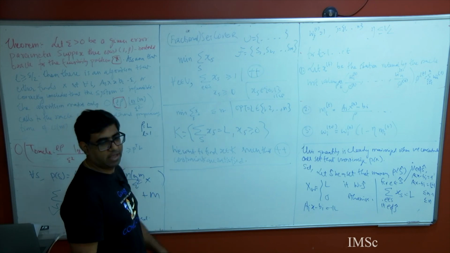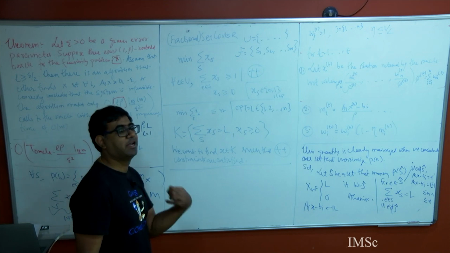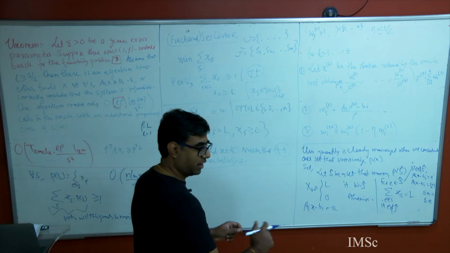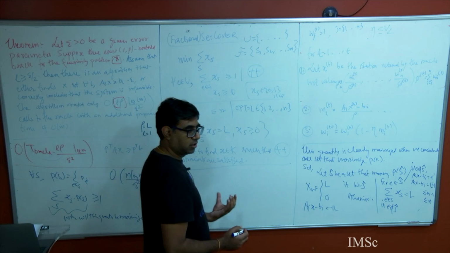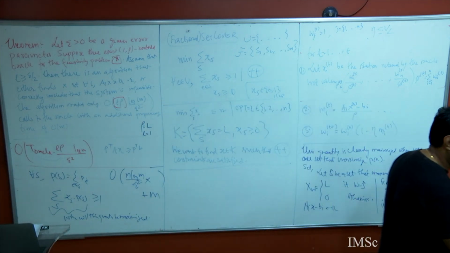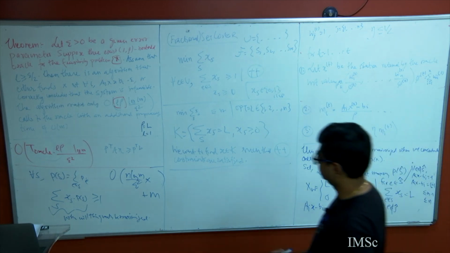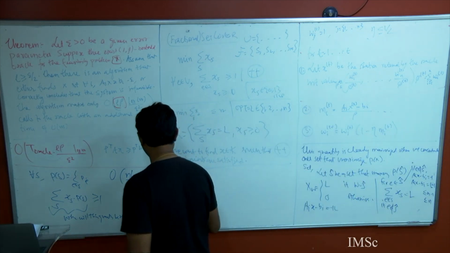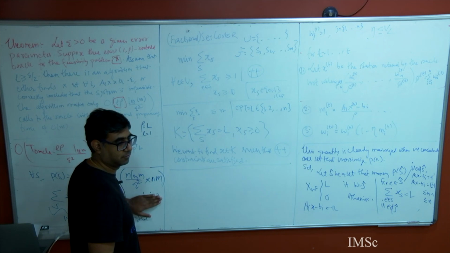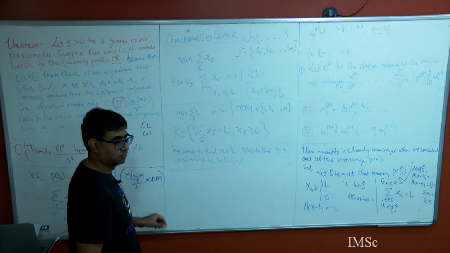Actually it could take m into n time, because for every set I need to compute P of S. So in the bad case I could take n into m time. Fine, I take n into m time. But now I can forget this because I'm taking so much time.